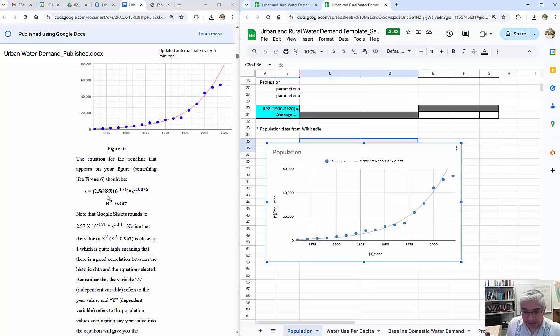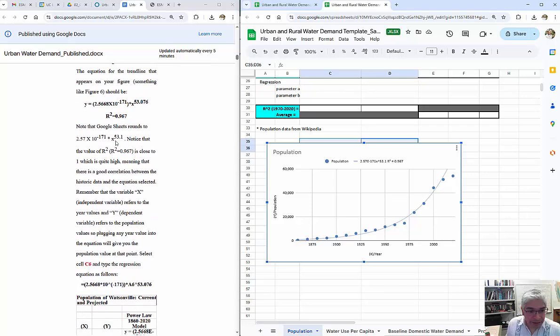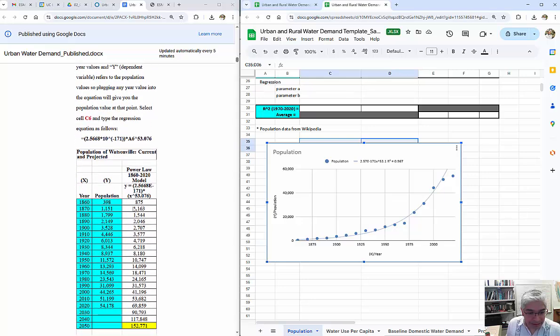Now, as you can see, this is very similar to what we have in here. Now we can use this equation to create this specific time series data, or prediction of the population using a power law.